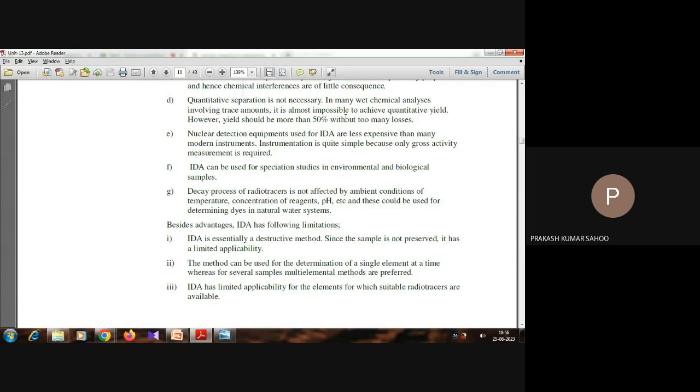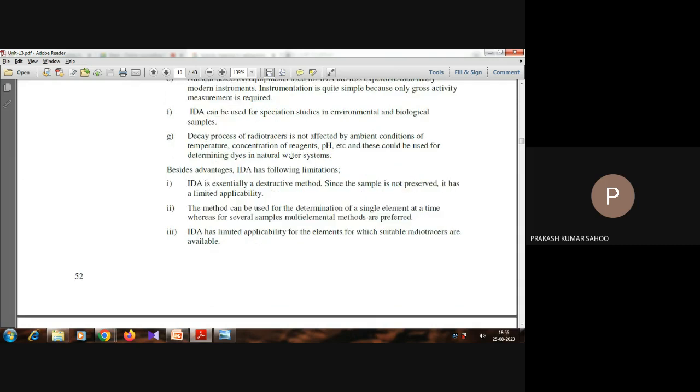In many wet chemical analyses involving trace amounts, it is almost impossible to achieve quantitative yield. Nuclear detection equipment used in IDA is less expensive than many modern techniques. IDA can be used for speciation studies of environmental and biological samples. The decay process of the radiotracer is not affected by ambient conditions like temperature, reagent or pH. These have no effect on the disintegration process of the radiotracer.